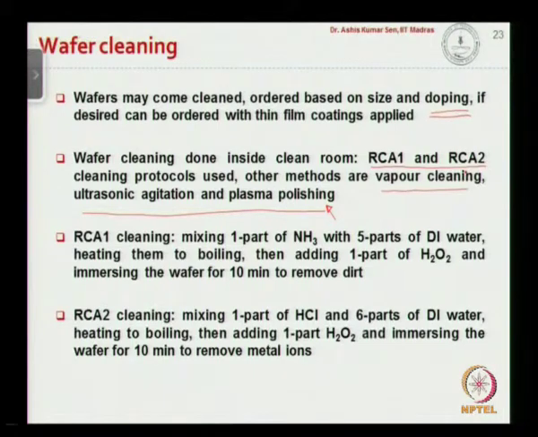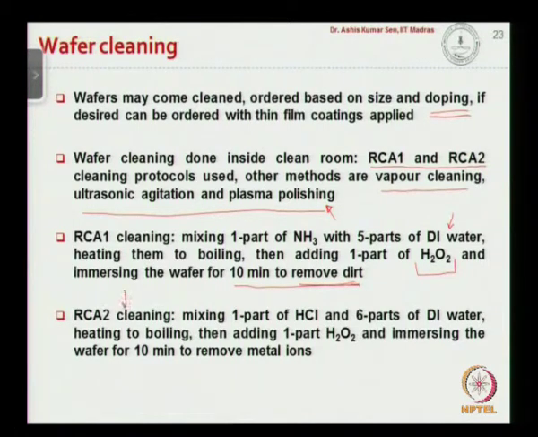In RCA1 we mix 1 part of ammonia with 5 parts of DI water and heat them to boiling temperature, and then we add 1 part of hydrogen peroxide and immerse the wafer for 10 minutes. That RCA1 cleaning procedure will remove the dirt from the wafer.